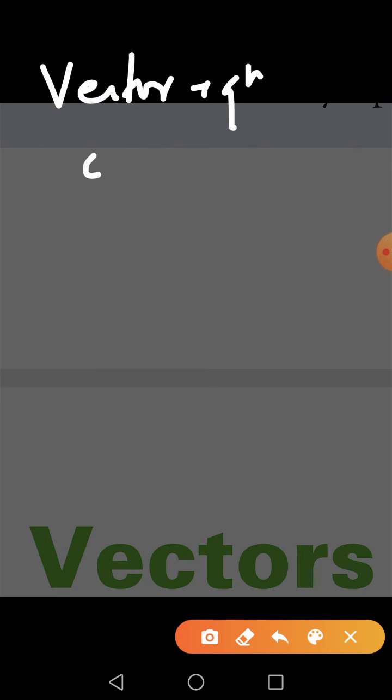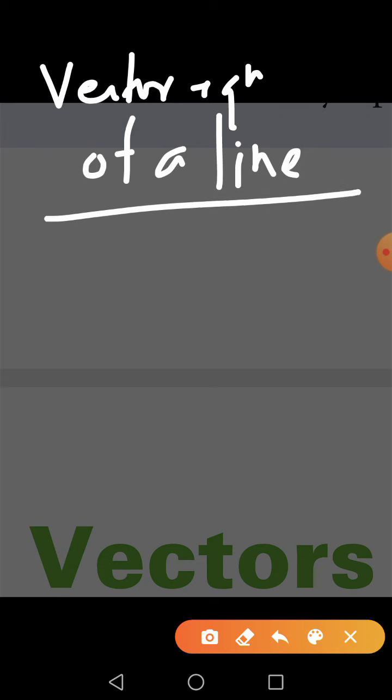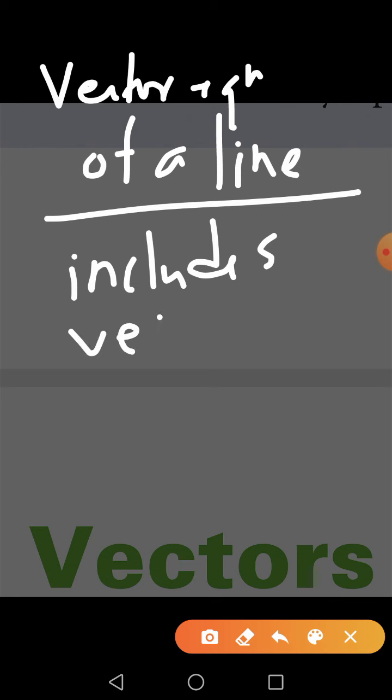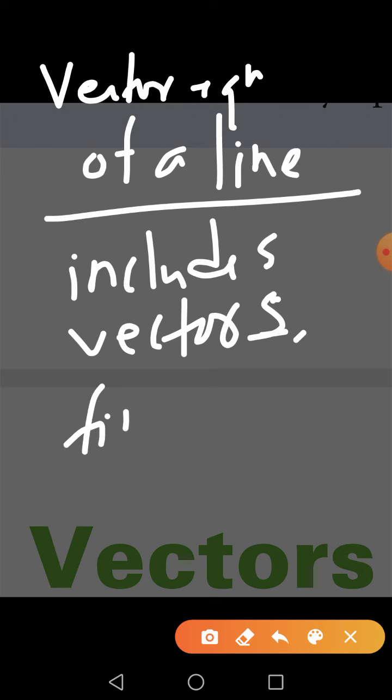Vector equation of a line is a type of equation that includes vectors. That means the number of steps to be taken in going from one point to another point.